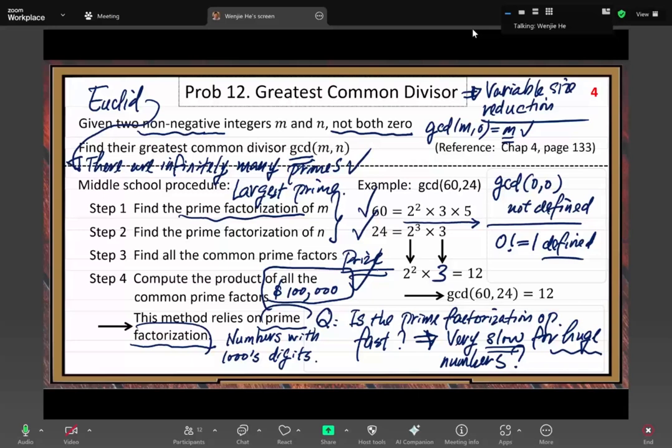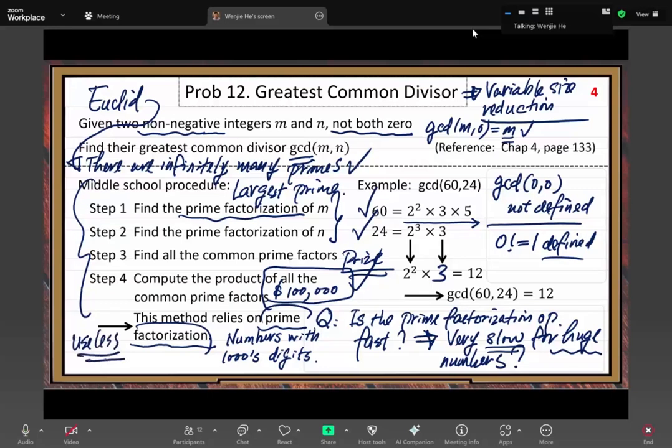So if your algorithm relies on that expensive operation, how can you use that algorithm? You cannot. When you work on large numbers, this method is pretty much useless.